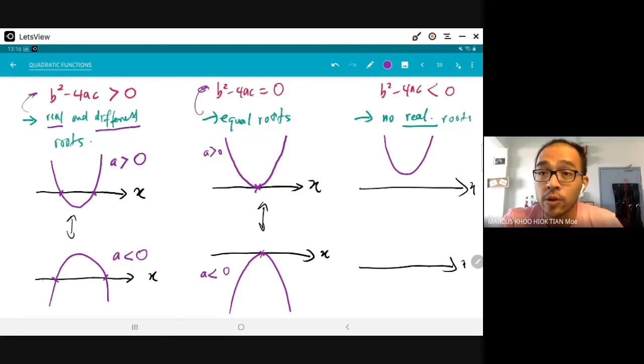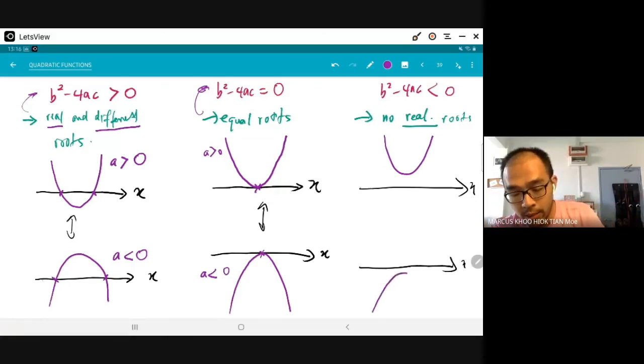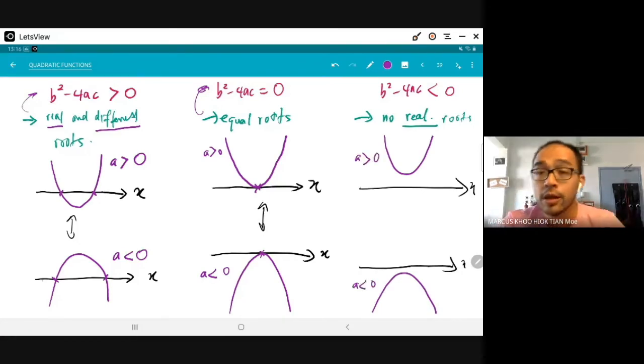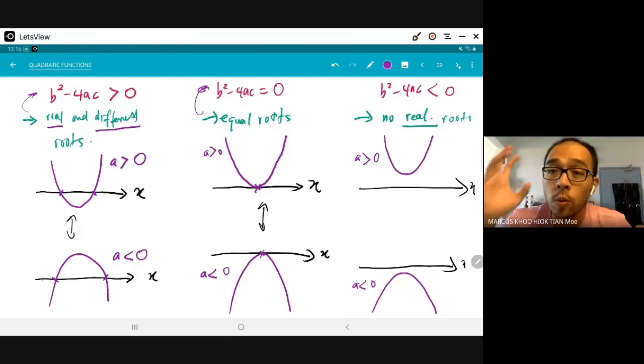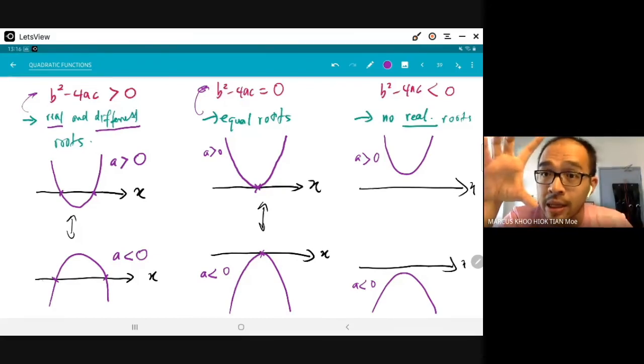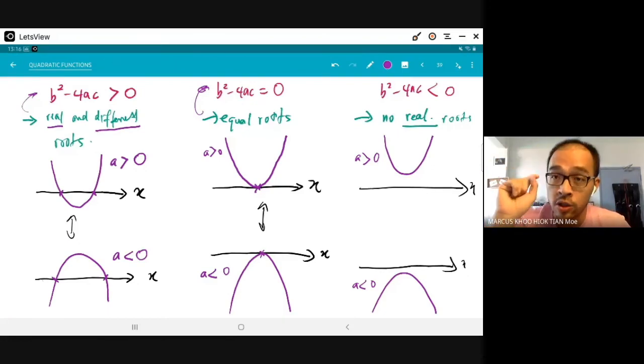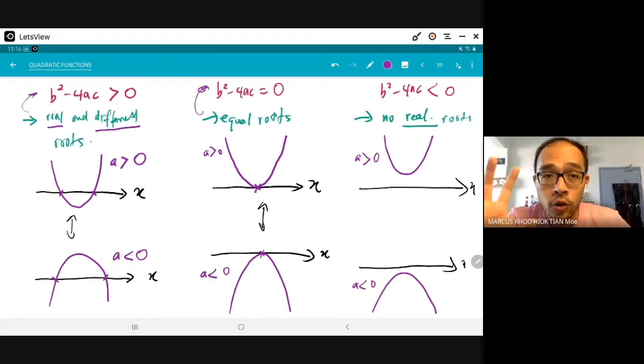Dia tergantung di udara saja. Dia tidak akan memotong paksi X langsung. So this is A is more than 0, A is less than 0. Where the graph is positioned will tell you whether there is a real root or no real root.